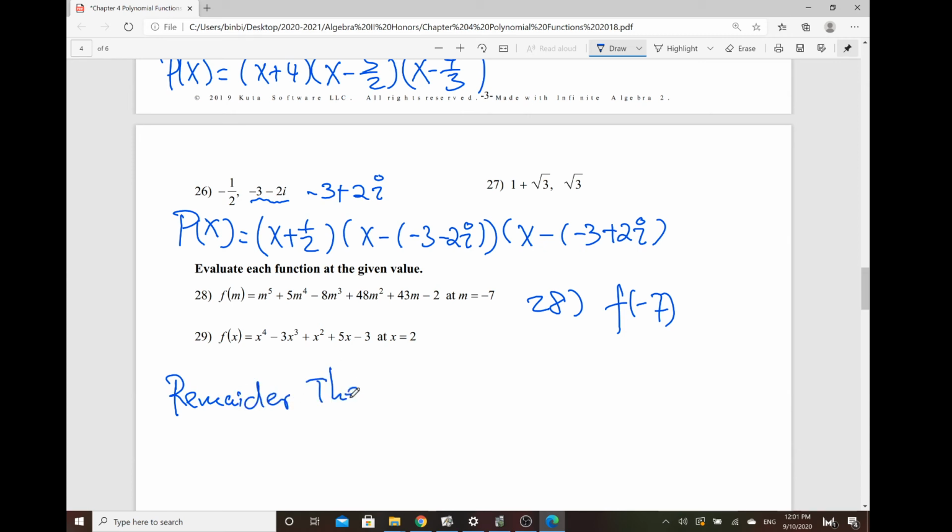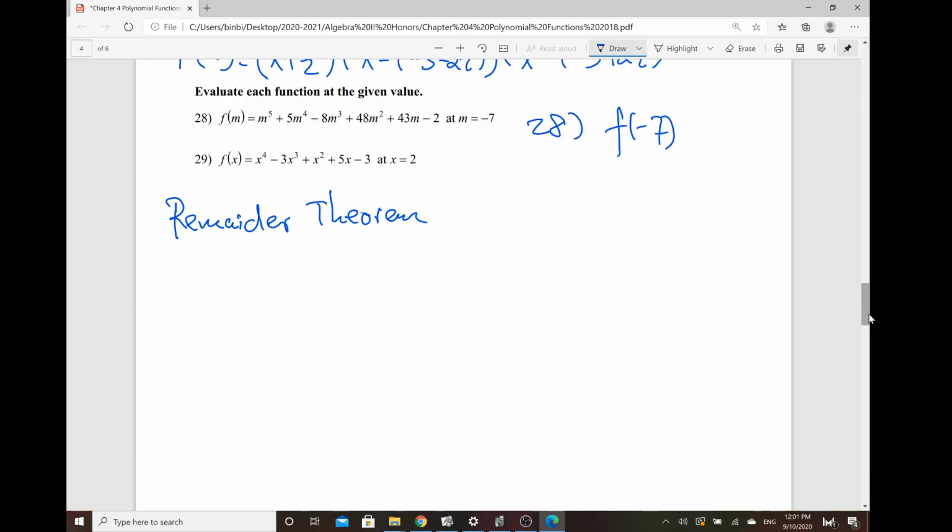Now let me talk about the remainder theorem. There are so many theorems for this chapter. Anytime you find the remainder by doing synthetic division or long division, let's say that c is the remainder, so we want to evaluate f of c.